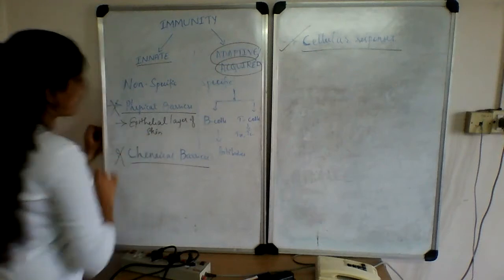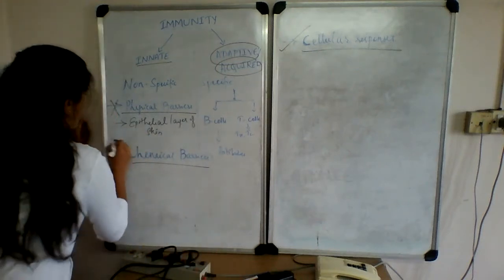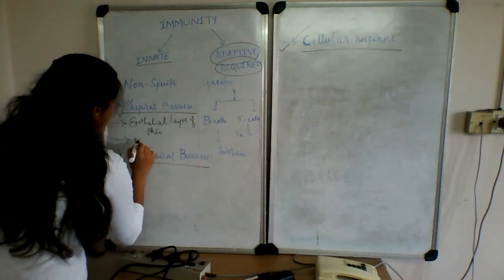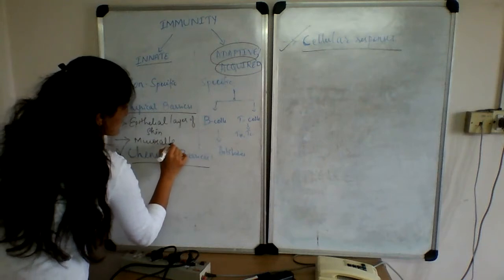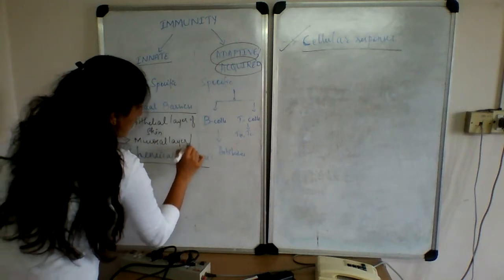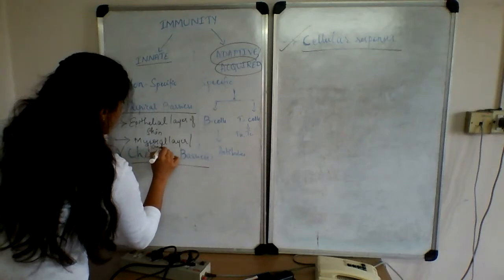The epithelial layer of skin is one barrier we have here, and the mucosal layer or glandular tissue.